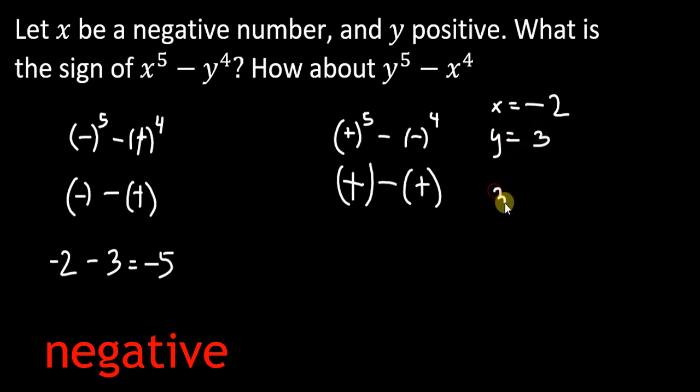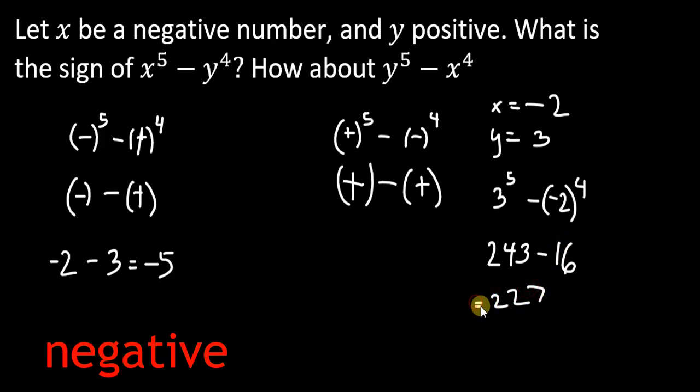So, that is 3 raised to 5 minus negative 2 raised to 4. So, 3 raised to 5, that is 243. Minus negative 2, raise mo sa 4, that is 16. 243 minus 16, that is 227. So, positive. Yun na yung sagot.